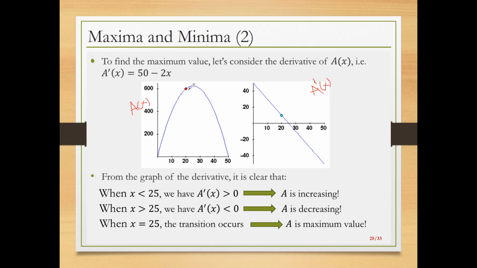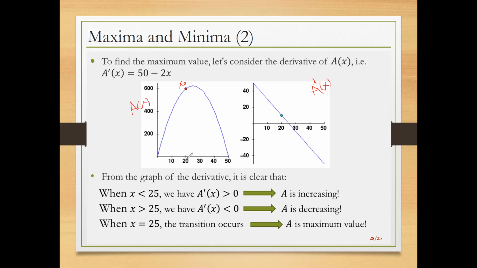Now, let's take a look at this point, the point x naught, which we said is equal to 20.